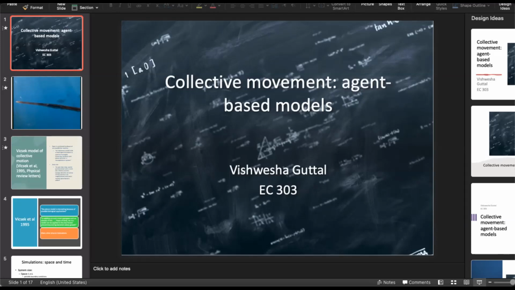If you go back in the literature, there were some attempts at thinking of these kinds of agent-based models even back in the 50s and 60s, but not very prominently followed up later on, perhaps due to lack of computational power. But this paper, the Vicsek model of collective motion, published in Physical Review Letters in 1995, really kicked off the whole field of collective motion.